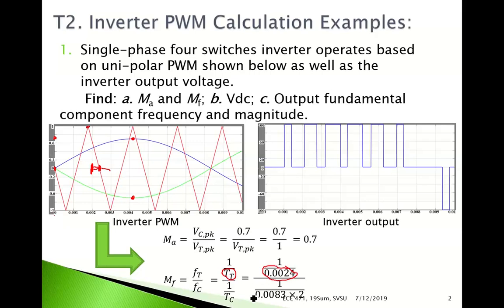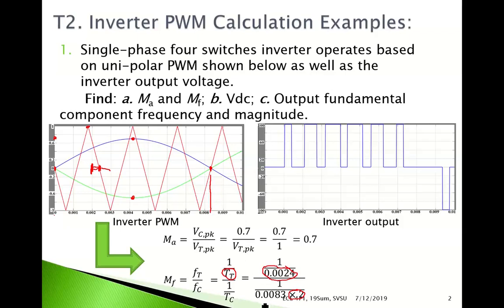Similarly, we read the period of the control signal. So be careful, this moment is the time moment for half cycle of a control signal. Therefore, don't forget to times 2. And this moment, the value is basically, I will say, 1/3 of one horizontal time division.